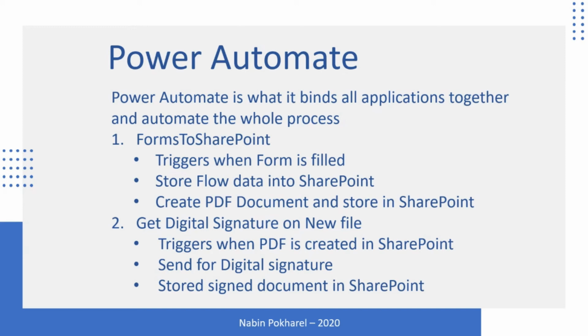Once the user fills up the information in forms, Power Automate will get that data and store it in SharePoint, and it triggers when the form is filled. When that data is stored, it will send that information to OneDrive, create a PDF document, and again store it in SharePoint.